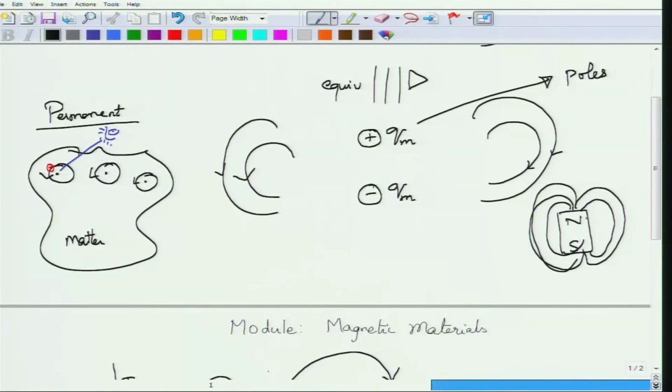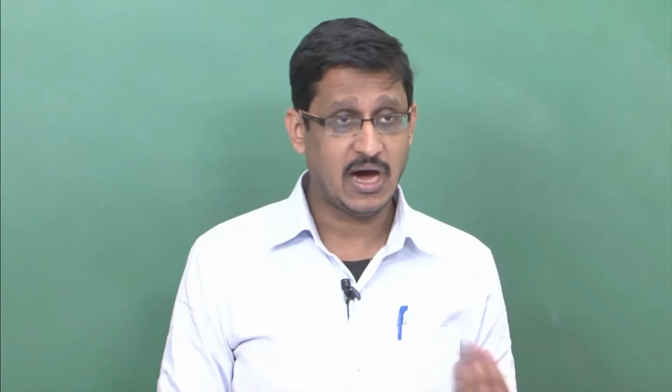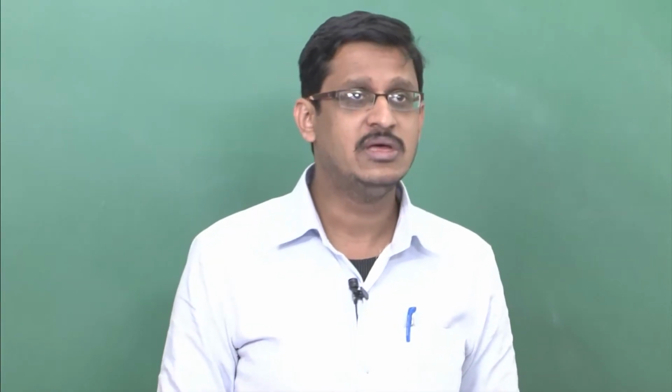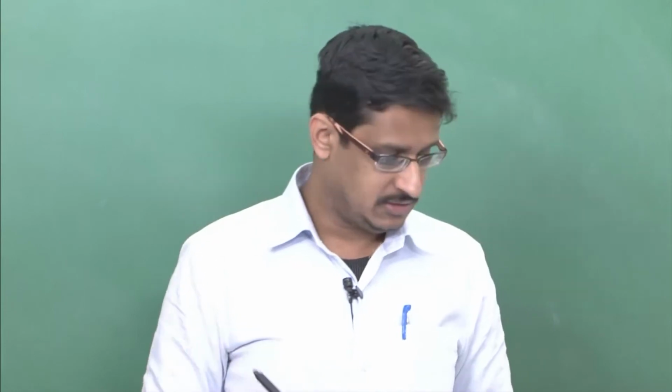Permanent magnets are those which have some magnetic field, and the reason is simply because they have these tiny current loops inside which are all aligned with each other. But please remember, if you take a piece of magnetic material, you will find a large number, billions and billions, of such magnetic dipoles.